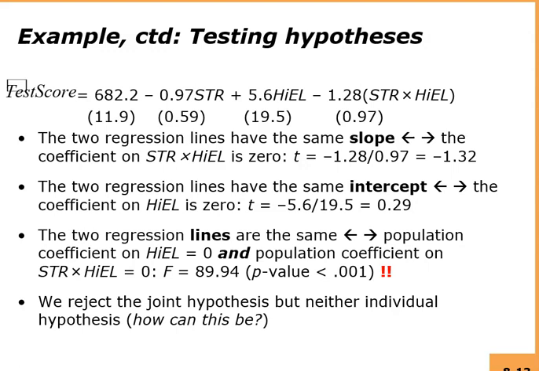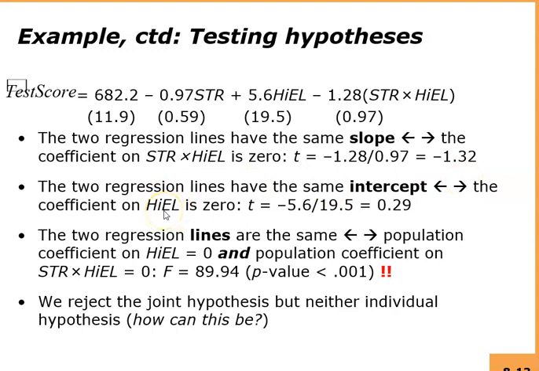Since the slope is different because of the coefficient of the interaction term, we simply have to see whether this coefficient of minus 1.28 is significant or not. So we divide minus 1.28 by the standard error to get the t-stat, and this t-stat shows that we cannot reject this hypothesis at the 5% level of significance.